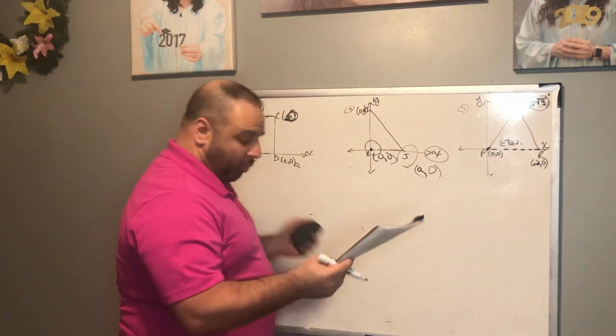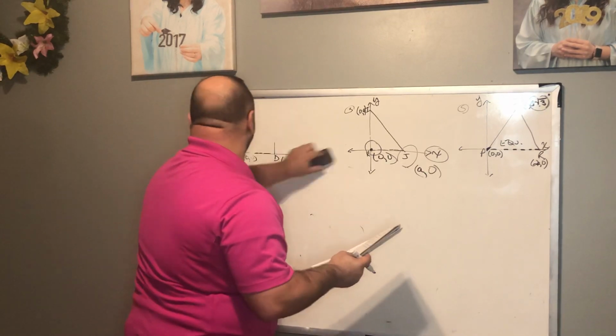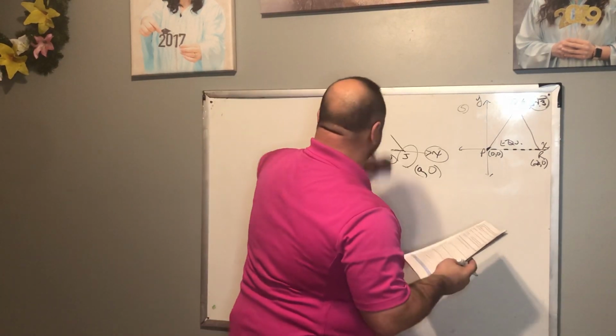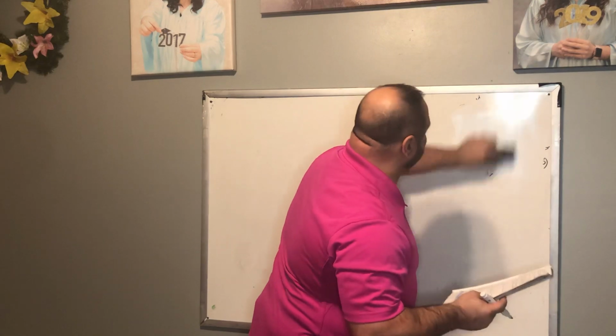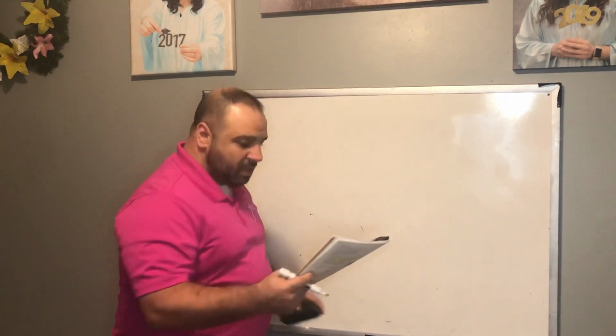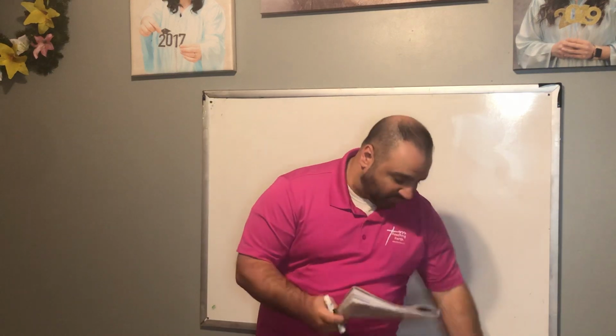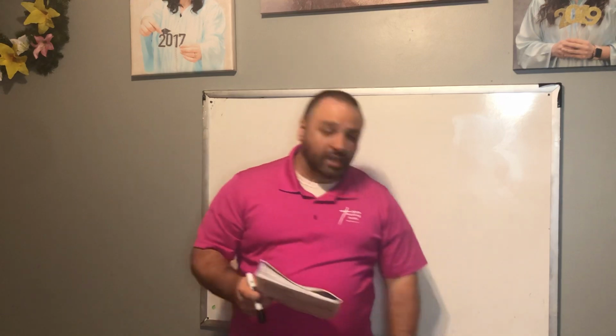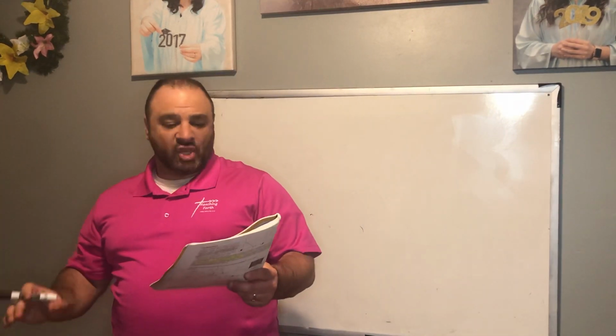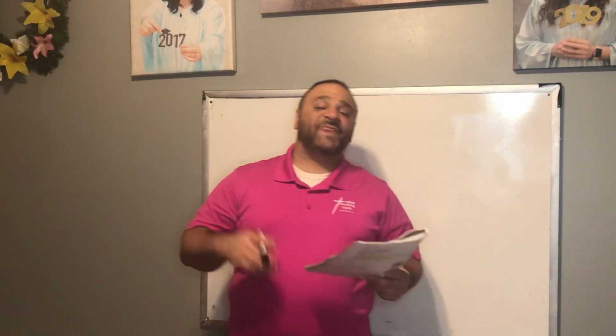Now, let's look at number 1 on page 38. All right, so let's just see if we're capable of knowing when to use which formula. Number 1. Okay, the opposite sides of a parallelogram are congruent. If we're proving the lengths of sides, what formula or what theorem would I use?